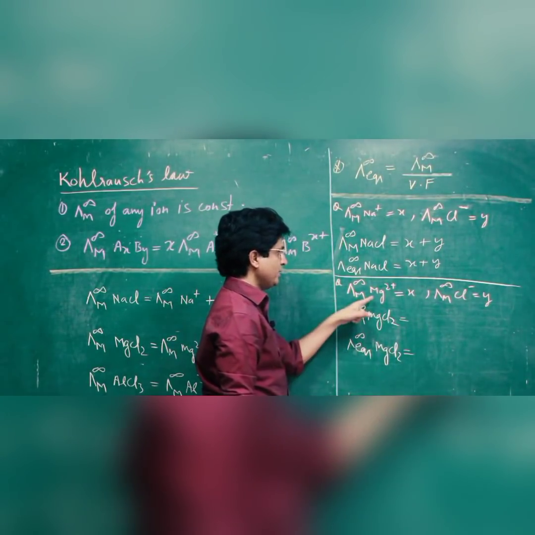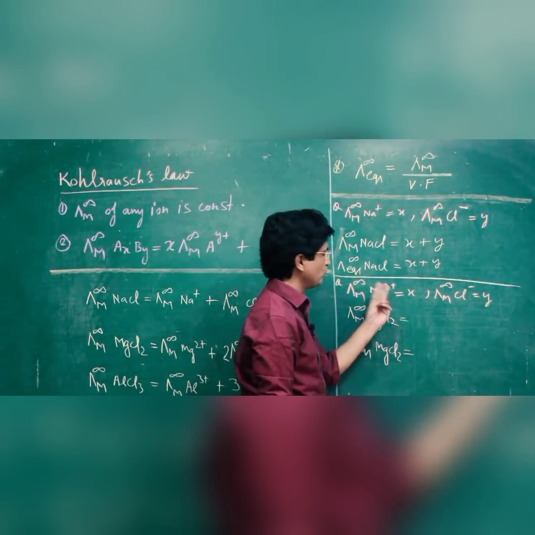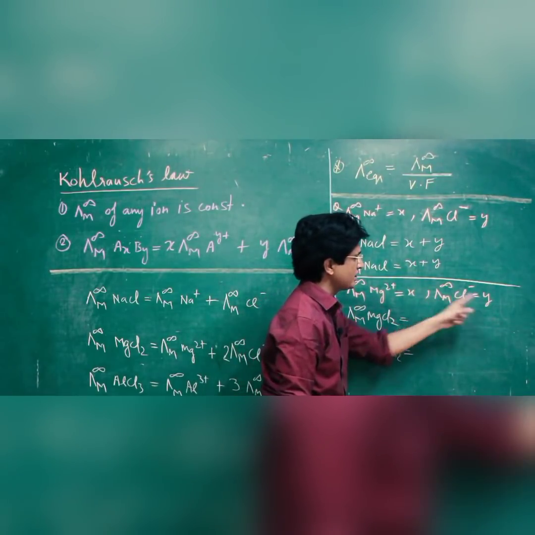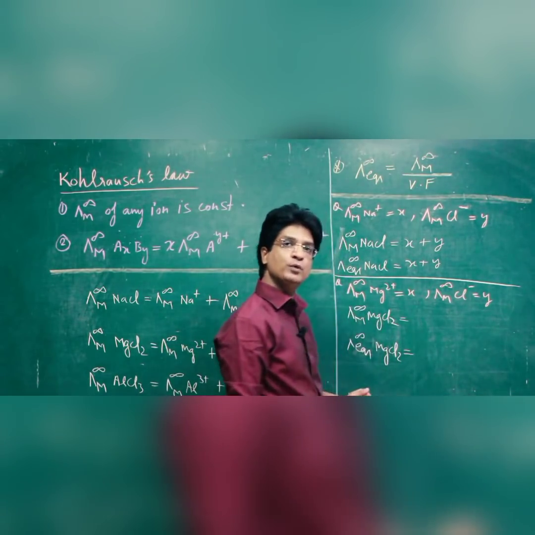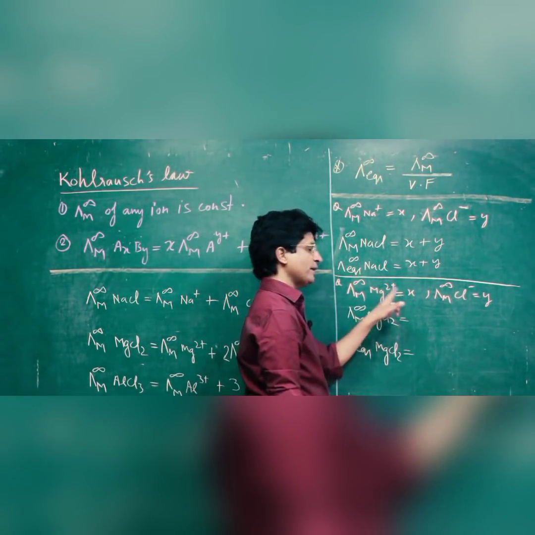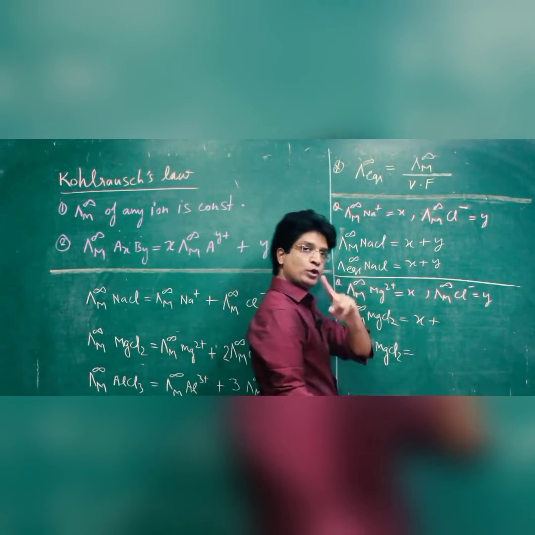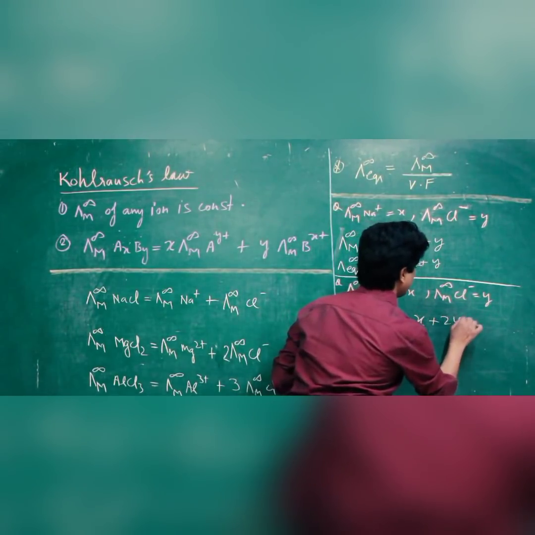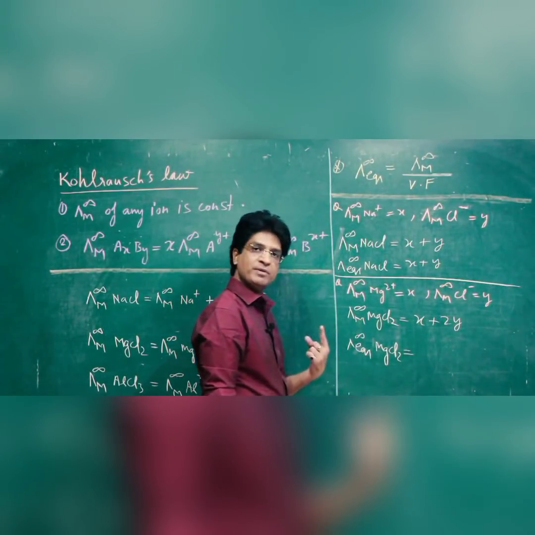In the next question, they have given you the molar conductance of magnesium ions, which have 2+ charge, as X, and of Cl- ions as Y. From here we know that the molar conductance of MgCl2 will be the molar conductance of Mg2+, that is X, plus, since in MgCl2 we have got 2 Cl- ions, 2 into Y. Now they are asking the equivalent conductance of MgCl2.